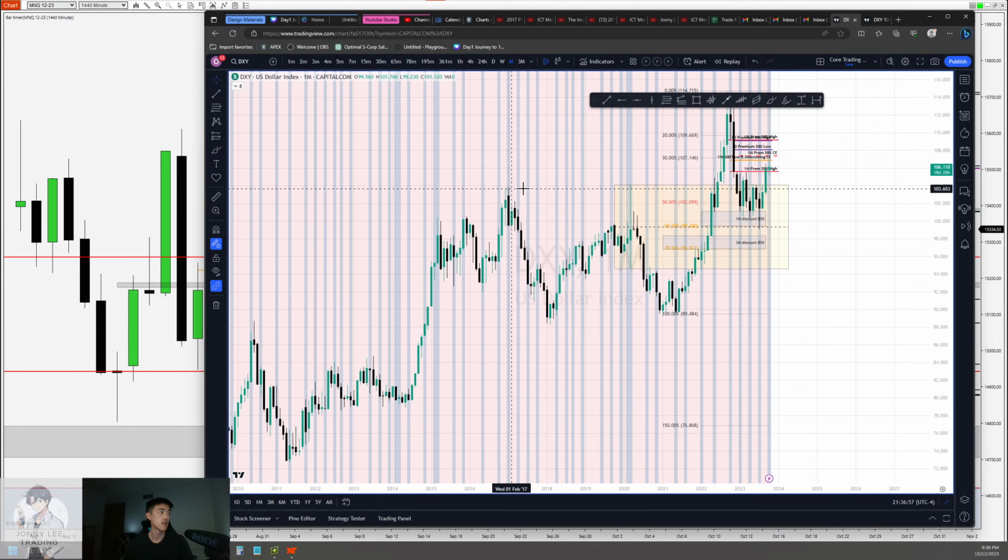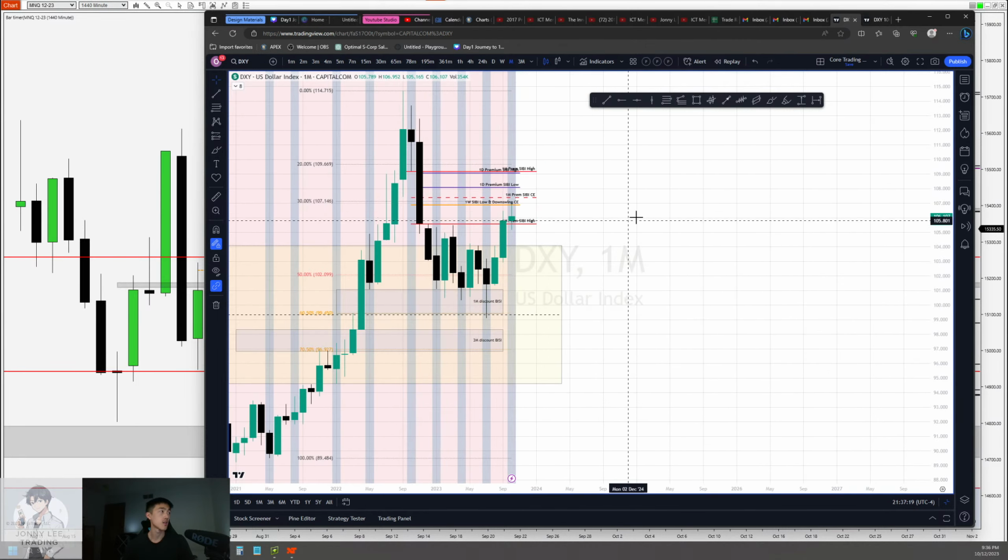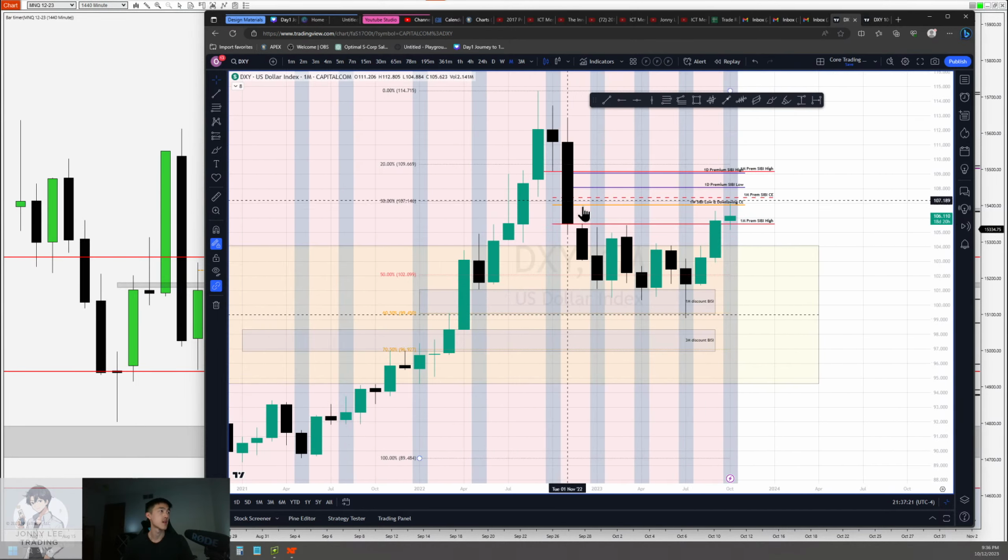This is a high, a low, kind of like a low, high, lower low, higher high, and then it came down and into the midpoint of this daily breaker here, and so we've come upwards from there. So there's room to move upwards on dollar. There's definitely some room up here still, so I think we're gonna continue heading up there.